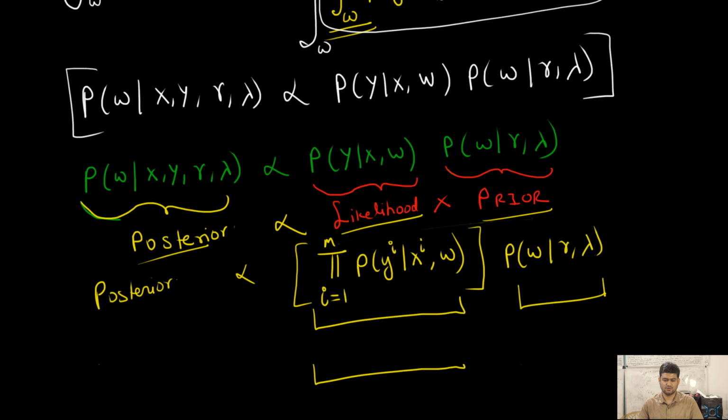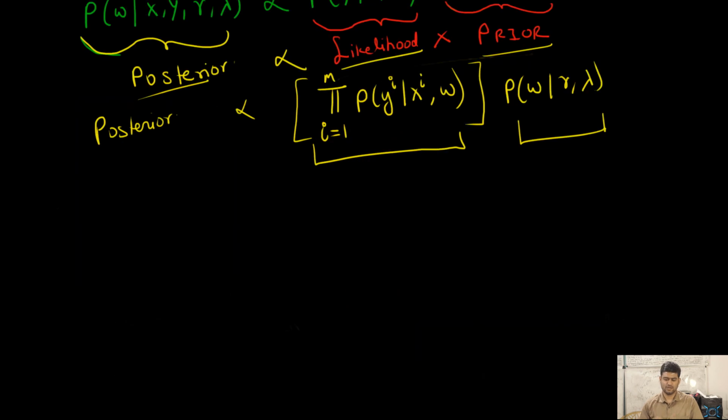So now you may ask, having this posterior distribution over the parameter after observing the data set, given by P of W given the data set, where we can just write X and Y combined as the data set, and the hyperparameters.